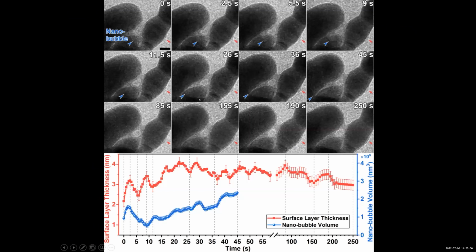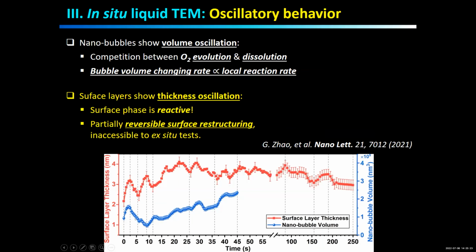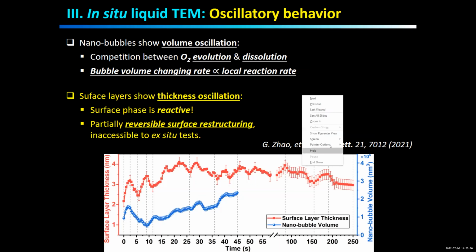So these are the images extracted from that in situ movie. With the sub-nanometer resolution, we can still measure the time variation of the oxygen nanobubble size and the thickness of the surface layer as indicated by these blue and the red curves, respectively. So we can see that for this oxygen nanobubble, it does not grow continuously, but shows this oscillation behavior.